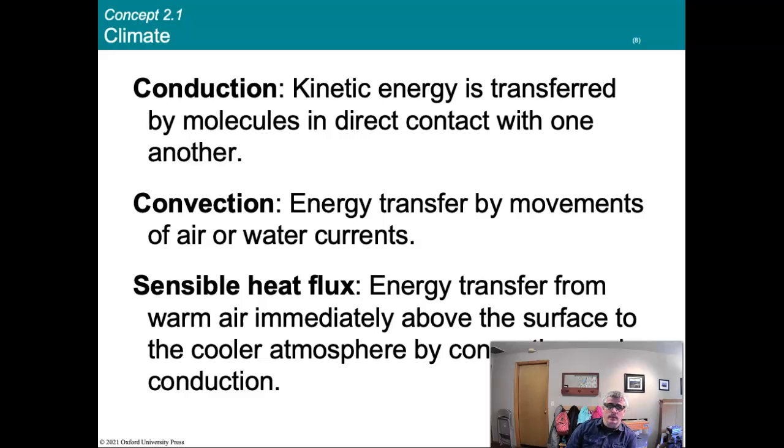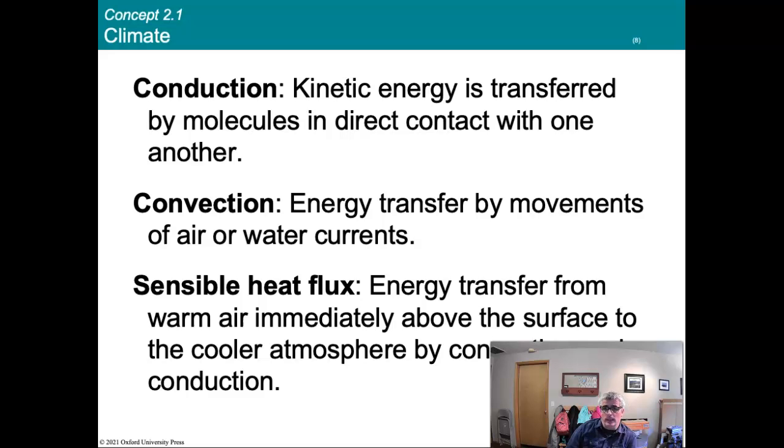And we have three general terms we'll think about as it relates to heat transfer: conduction, convection, and sensible heat flux. Conduction is kinetic energy transferred by molecules in direct contact with one another. Think of it as heating the surface of the Earth, and then a centimeter down, that's also warming.